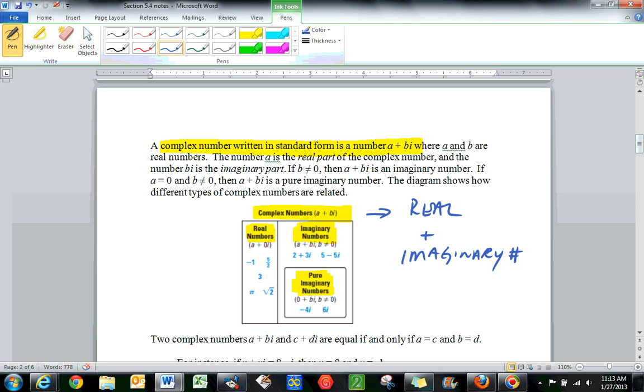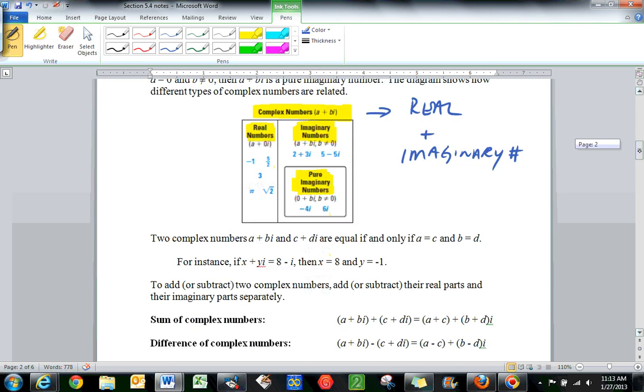Now, just like x and y, whenever we have an imaginary unit involved in an operation, we can do various mathematical operations like addition and subtraction, multiplication and division. So in this particular video, we're going to discuss those different types of operations that we can use in complex numbers.